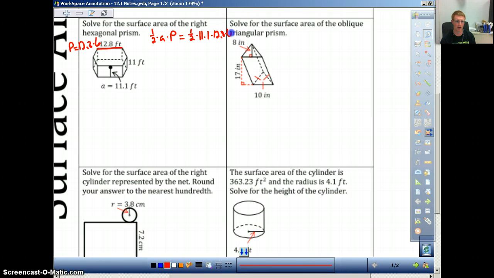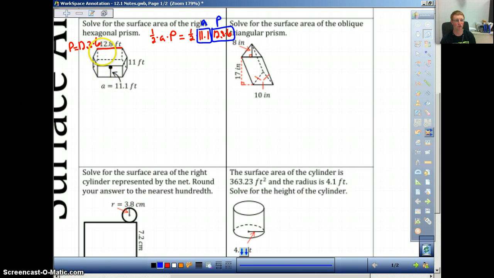So the area of one of the hexagons is 1/2 times 11.1 times 12.8 times 6. Let me label this: the 12.8 times 6 is the perimeter, the 11.1 is the apothem, and 1/2 is part of the formula.